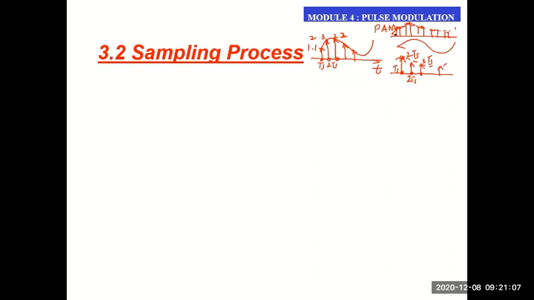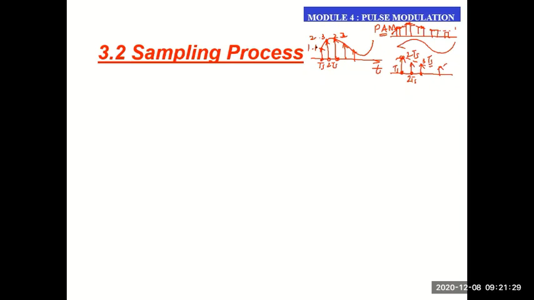We have varied the amplitude of the carrier pulses in accordance with the amplitude of the message signal. So you have the message signal here. The amplitude of the pulses is changed in accordance with the message. We call this pulse amplitude modulation.